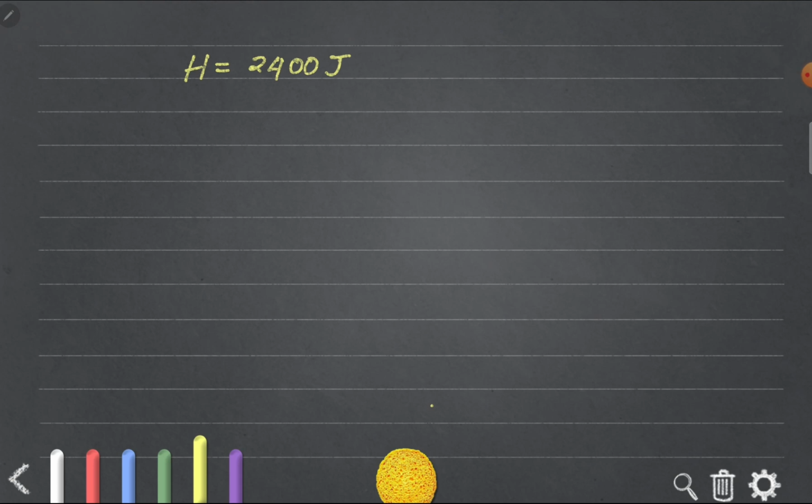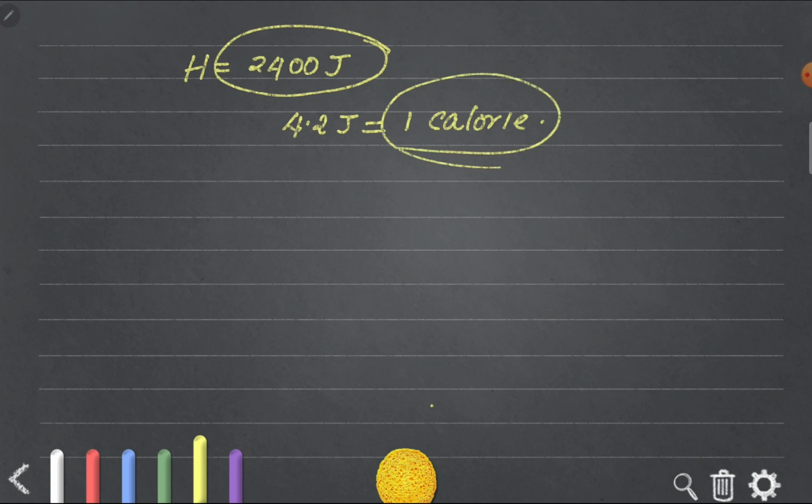Now, what the question demands is to write the answer in calorie. That is very easy, because you know that 4.2 joule is equal to 1 calorie. Now the answer is in joule, so you have to divide it by 4.2 in order to convert that answer into calorie.